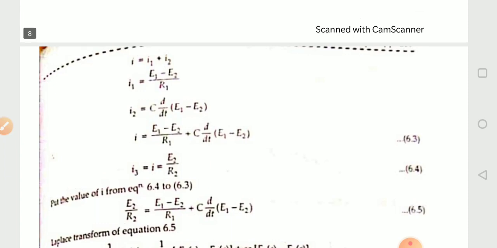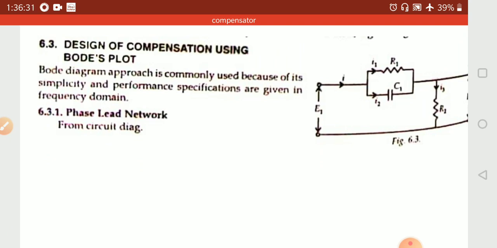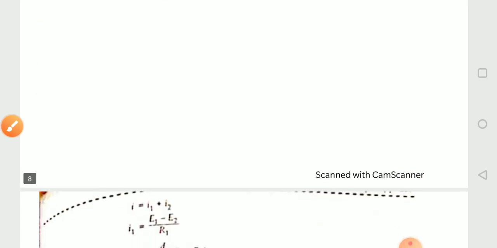We can take polarity as we want. You can also put the value of E1 minus E2 here. Now the value of I2, we know that I2 is in the capacitor branch, so the value of I2 is C into dV by dt, where dV is E1 minus E2.